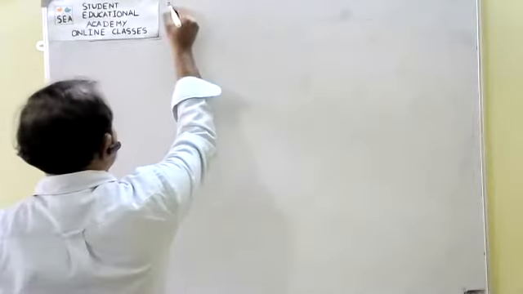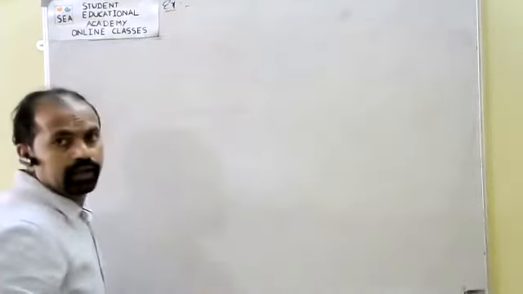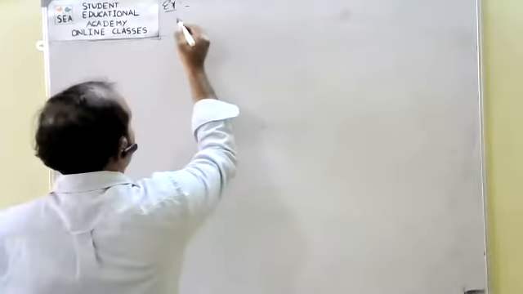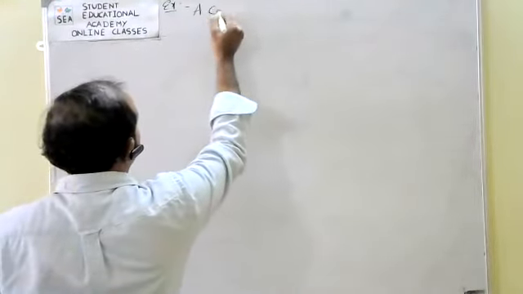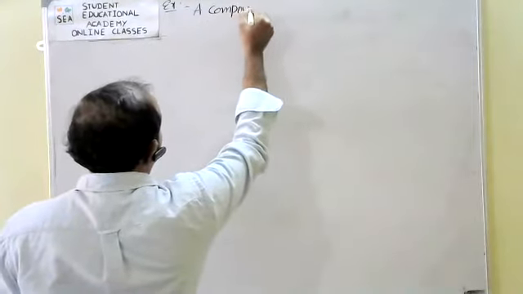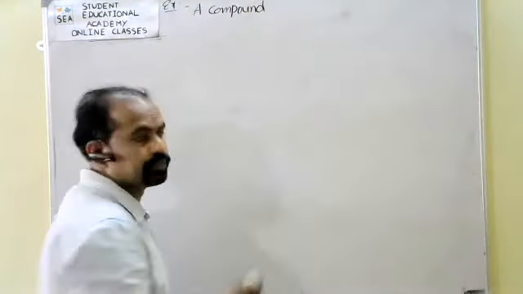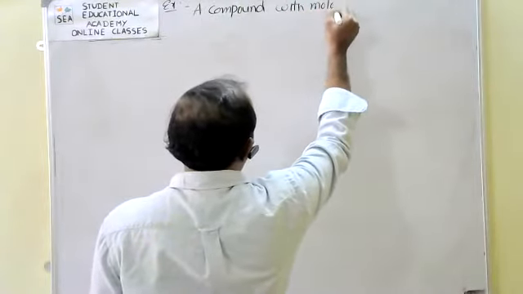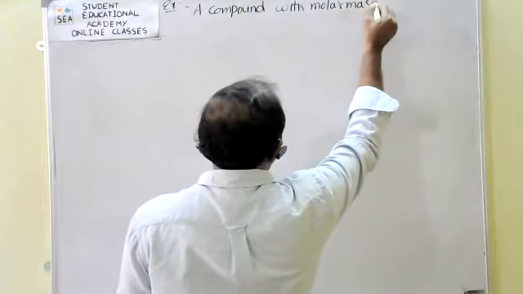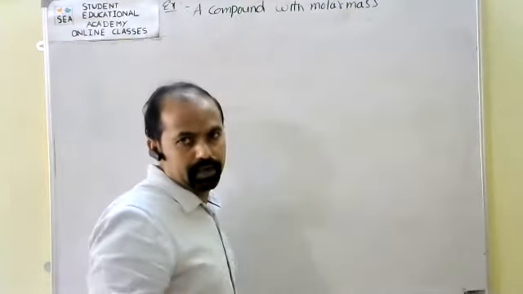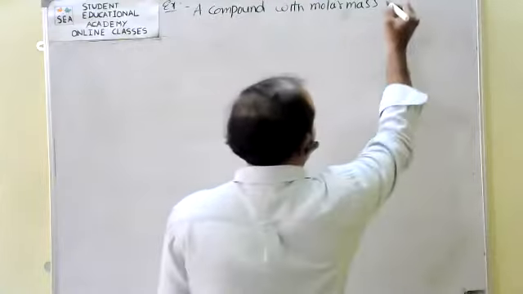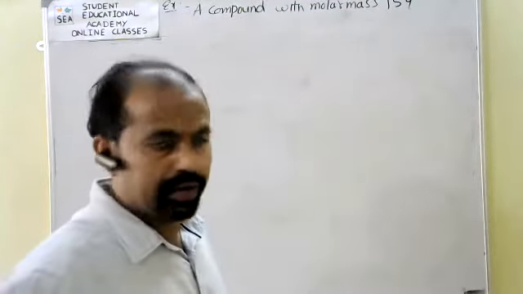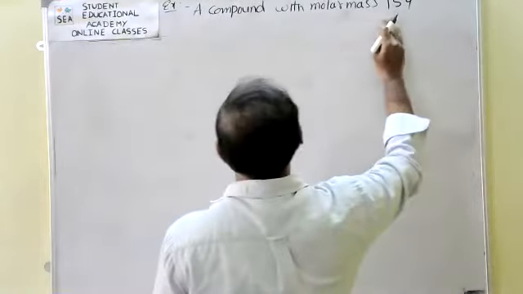Okay, for example, say a compound with molar mass, which is nothing but molecular mass, is given as 159.